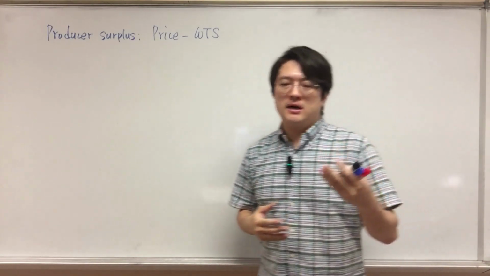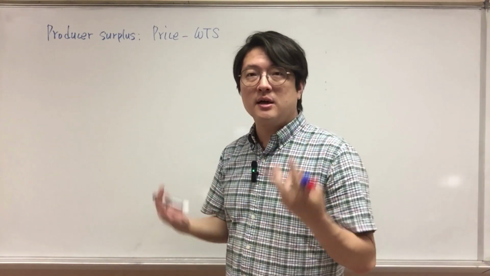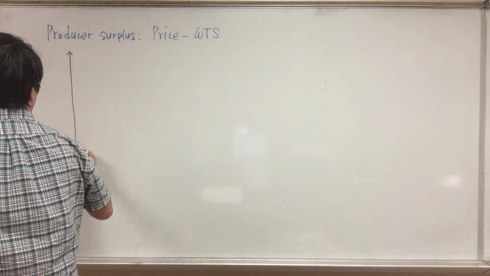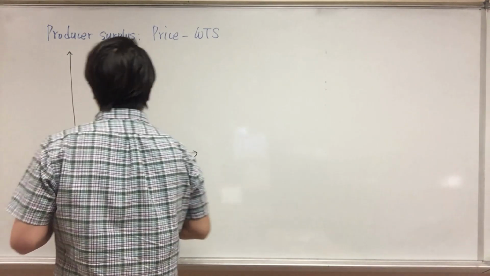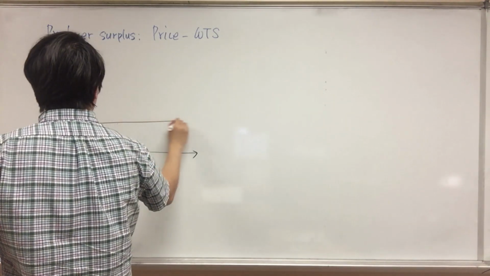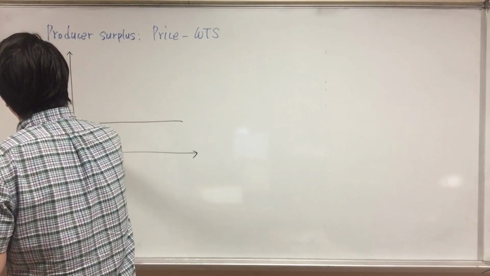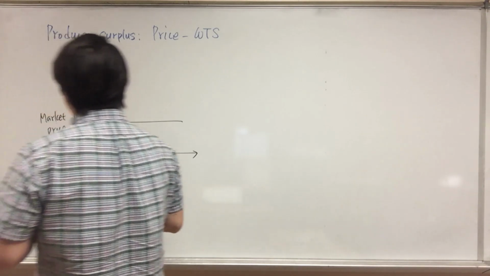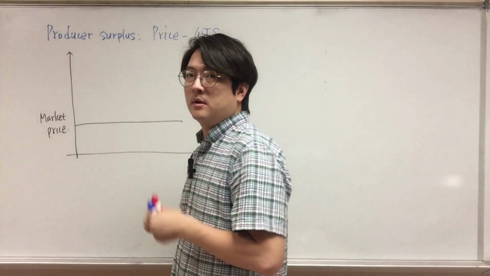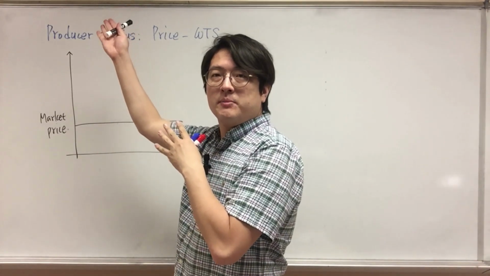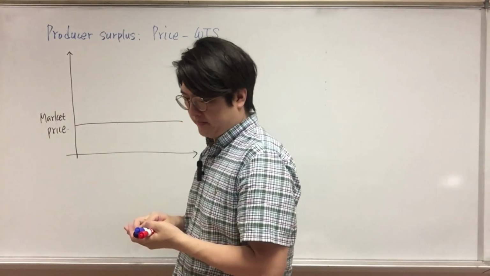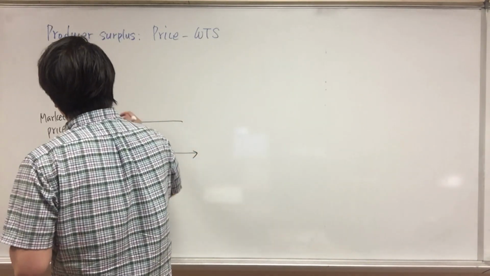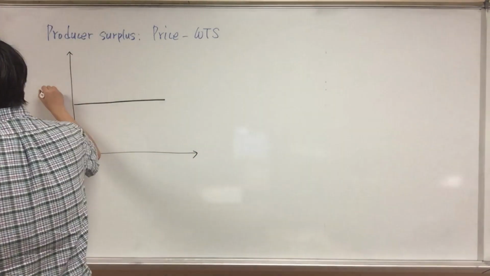We can think about the supply curve. Here is the market price. How is the supply curve shaped? Upward sloping, right? Because of the law of supply. The market price is here.